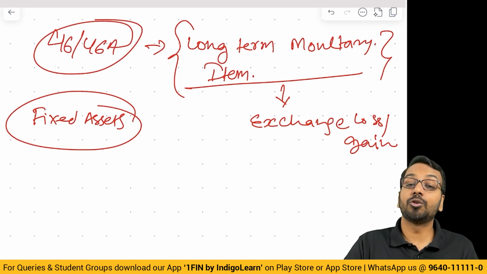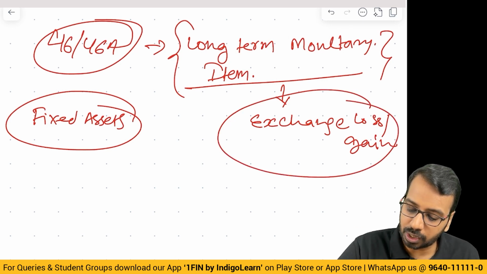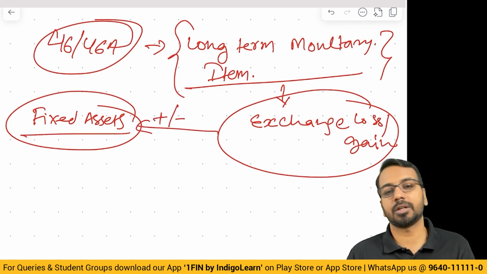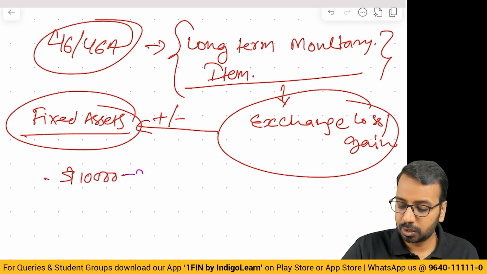But if you don't want to take it to P&L, this exchange gain or loss, you can add to or reduce from the cost of the fixed asset. So what it indirectly meant is, let us say I spent $10,000 to buy a fixed asset.